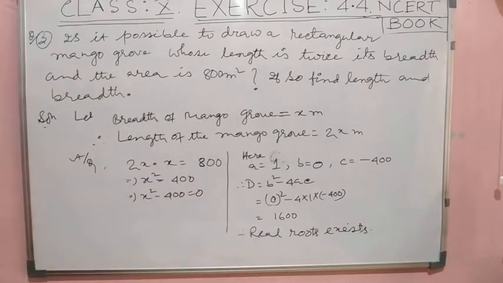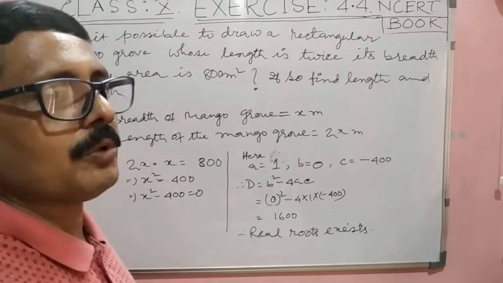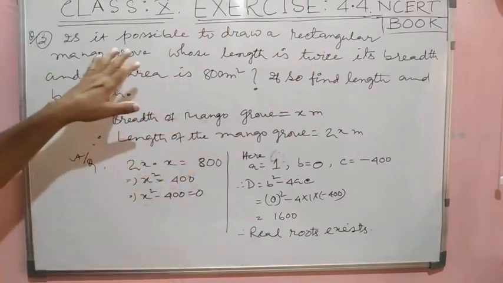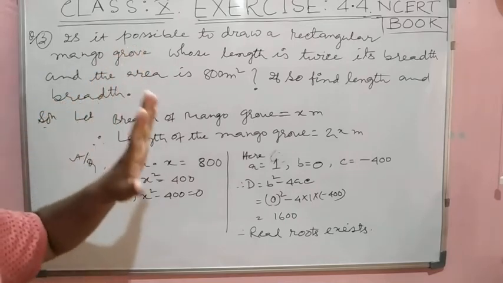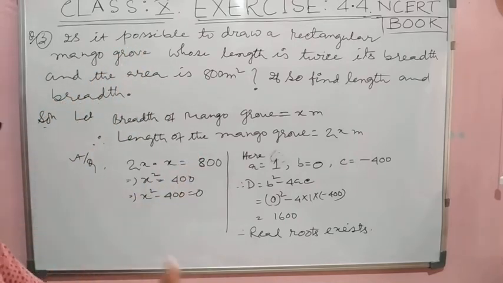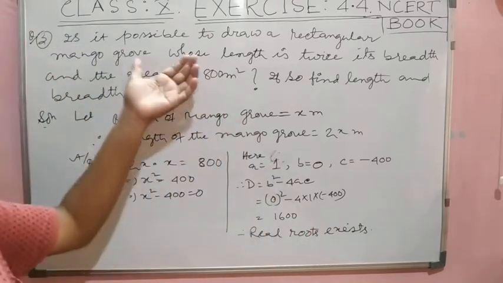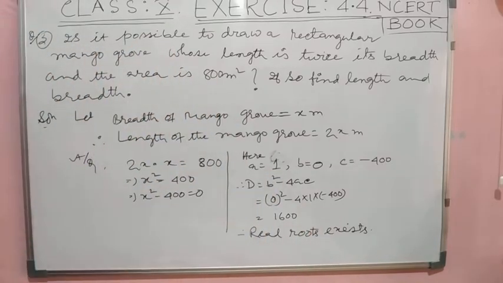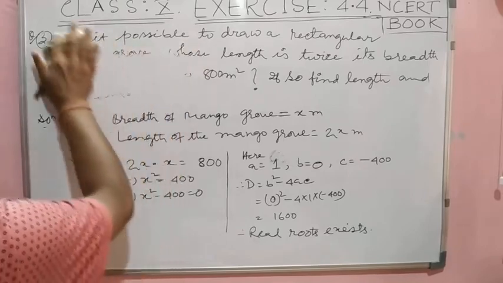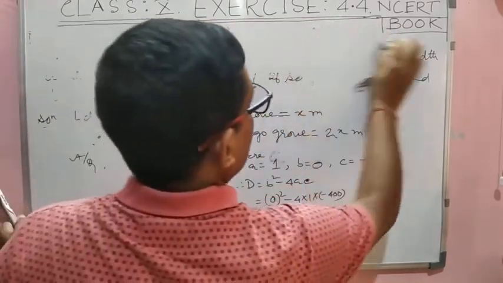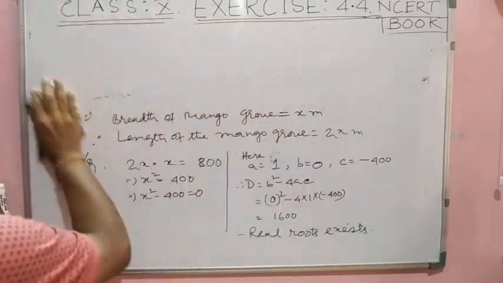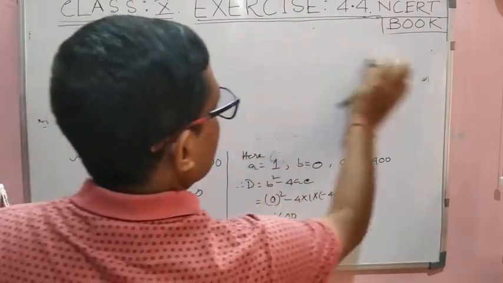Since the real roots exist, therefore the given situation is possible. Because we cannot have a mango grove in imagination. It should have reality. That is why the roots are real. That means we get the mango grove.